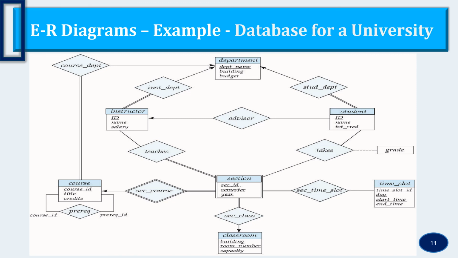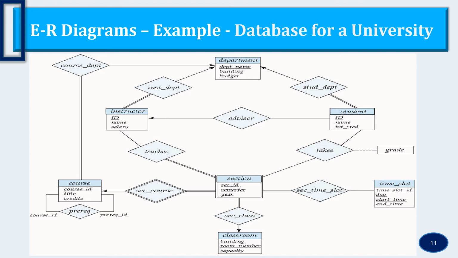After drawing these entities, we have to link the relationships between these entities. If the instructor is related with department through the instructor department relationship, we specify the relationship using a diamond. All the relationships are represented using diamonds, and we link them between entities using a line.